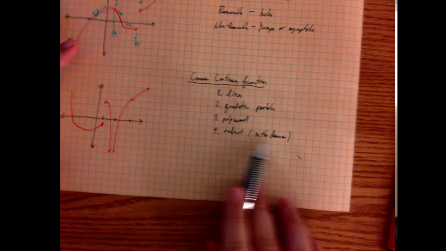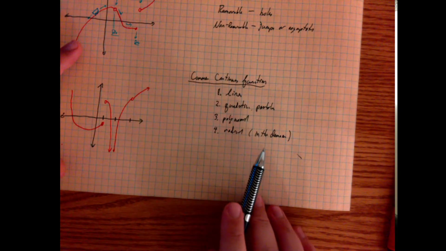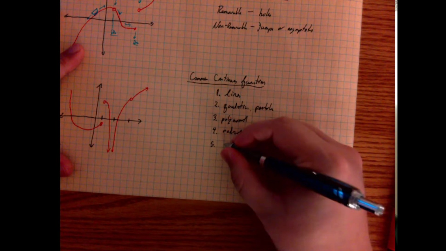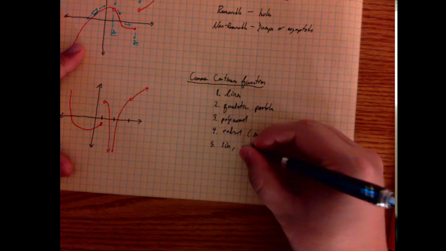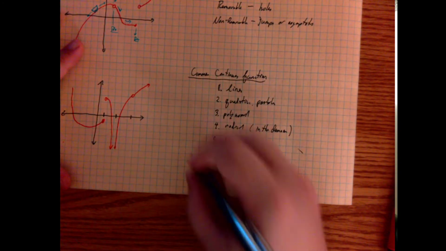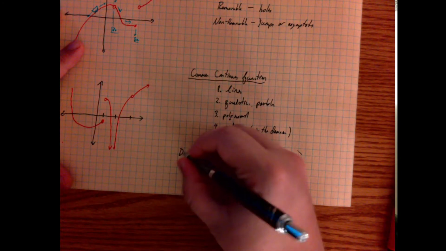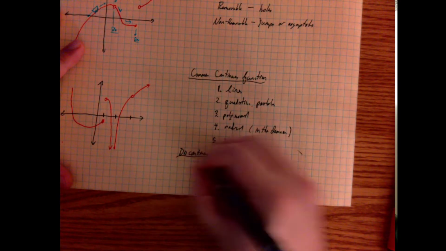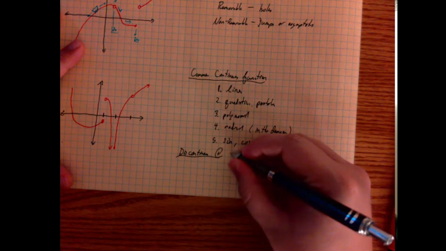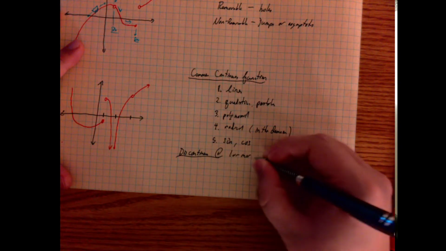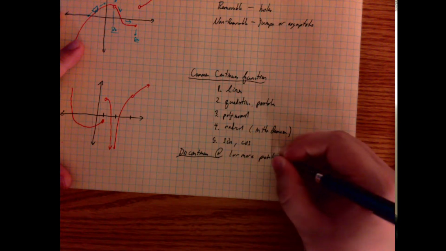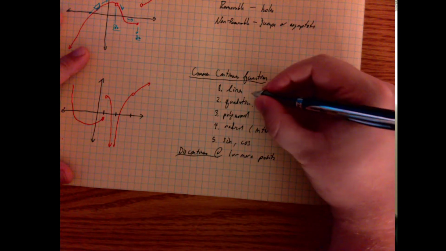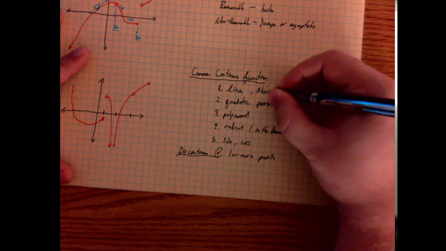This is a little misleading. But radicals in general tend to be continuous functions. And some of your basic trig functions, like sine and cosine. Ones that are often discontinuous at one or more points. Again, these are relatively common functions. Let's see. I guess I could also put on this list absolute values.